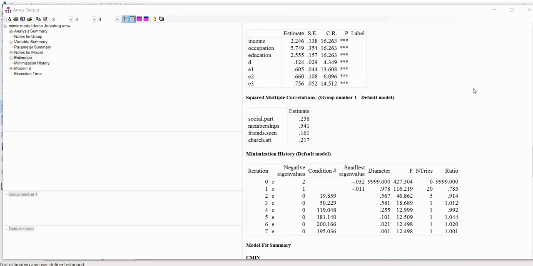Within the measurement portion, the squared multiple correlations are essentially the communality estimates, whereas in the structural portion it is the standard R-square. So the R-square for social participation is 0.258, and it indicates that those predictors accounted for about 25.8% of the variation in the social participation variable.